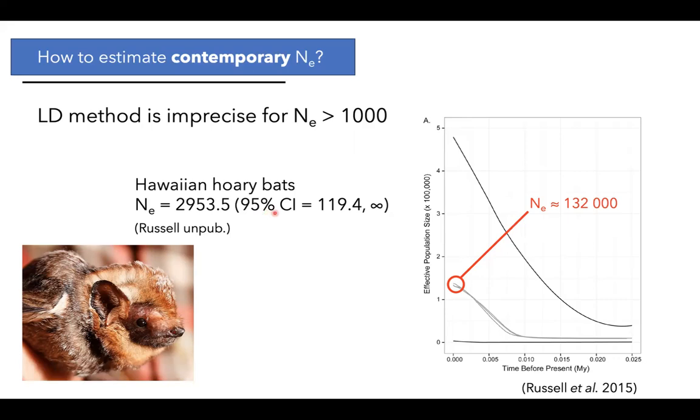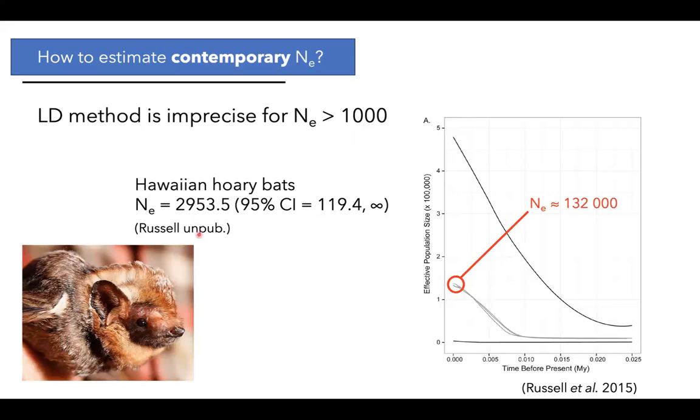We are 95% confident that the true NE is somewhere between 119 individuals and infinity. I'm going to go out on a limb and say I'm pretty much 100% confident that the true NE is somewhere between 119 individuals and an infinite number of individuals. I'm also pretty confident that that's a pretty useless measurement, okay?